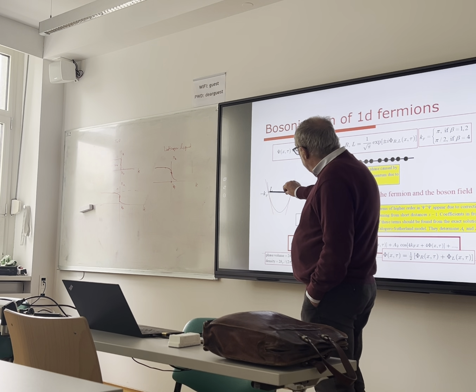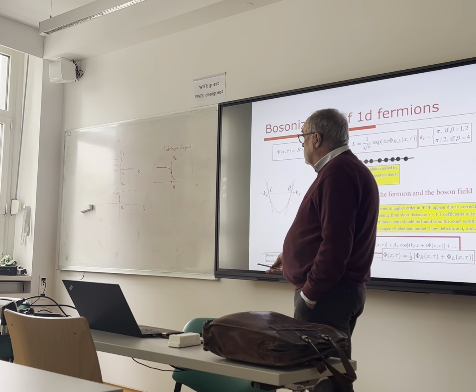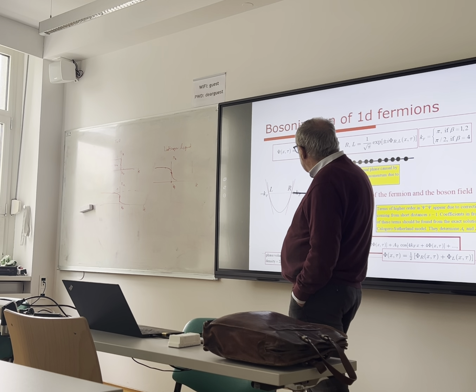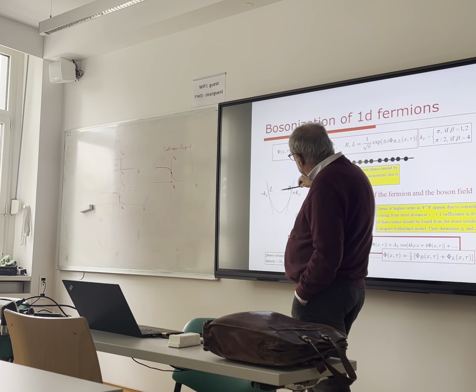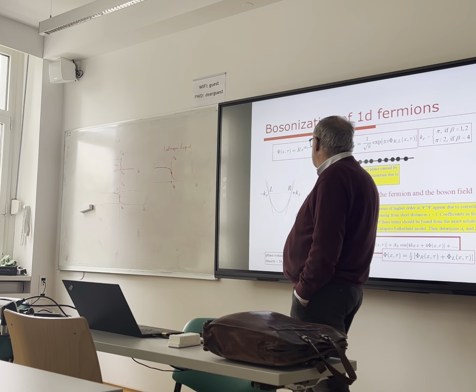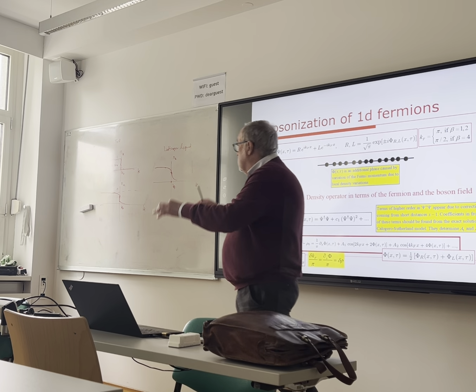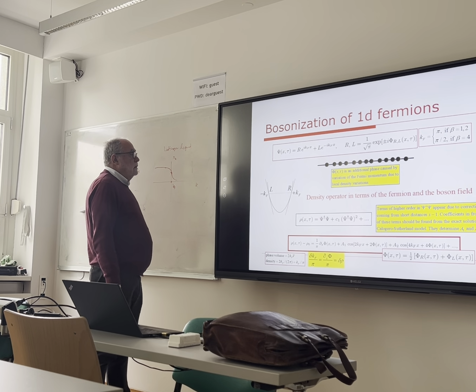And there is a Fermi energy, which depends on the density of particles. When the Fermi energy hits the dispersion relationship, we get the Fermi momentum. Of course here is 0. There are 2 points of the Fermi surface, so in 1D the Fermi surface is 2 points.